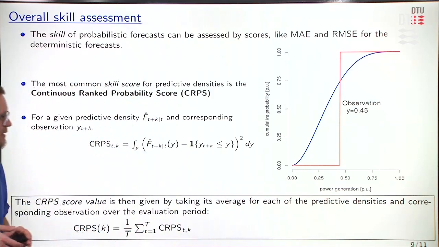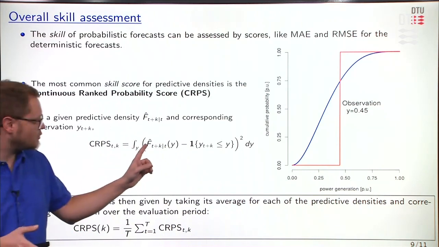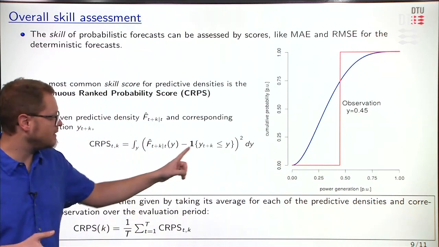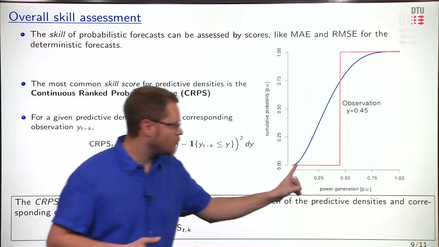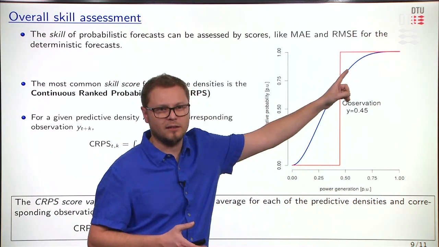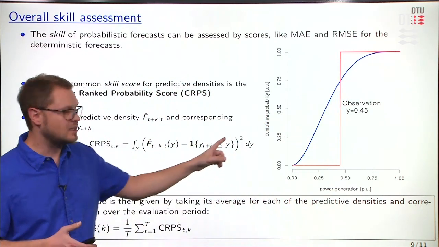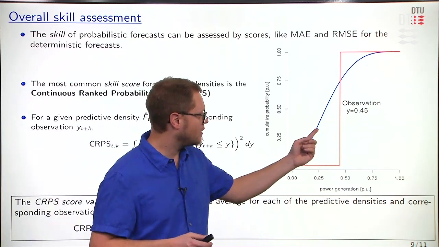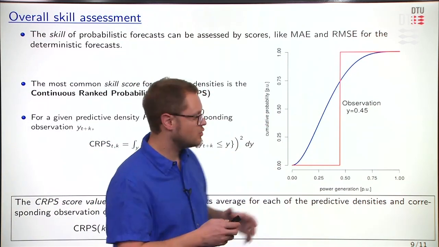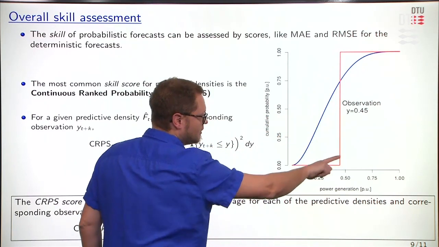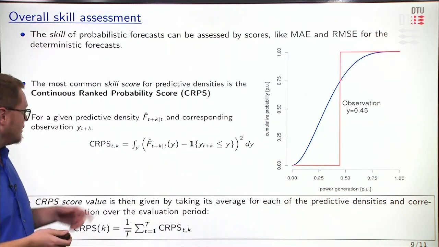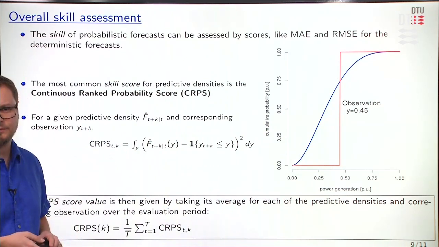The CRPS is defined as an integral of the distance between your predictive density, here in blue, and this perfect predictive density, here in red. This distance is squared so that we don't make a difference between when it's above and when it's below. So you have to think of integrating over these areas squared, and that gives you the CRPS.